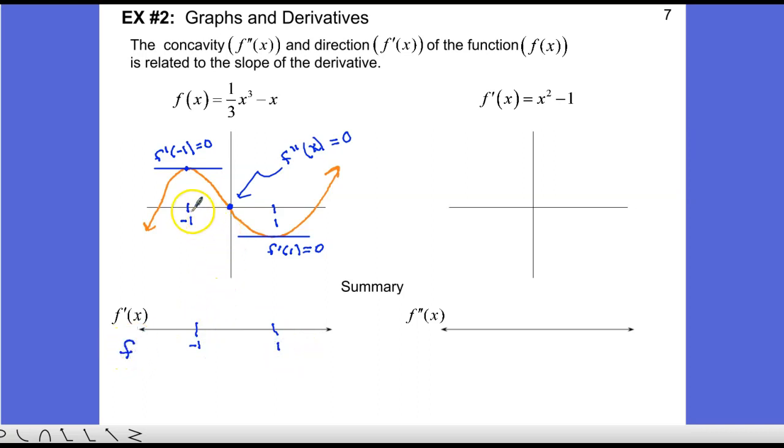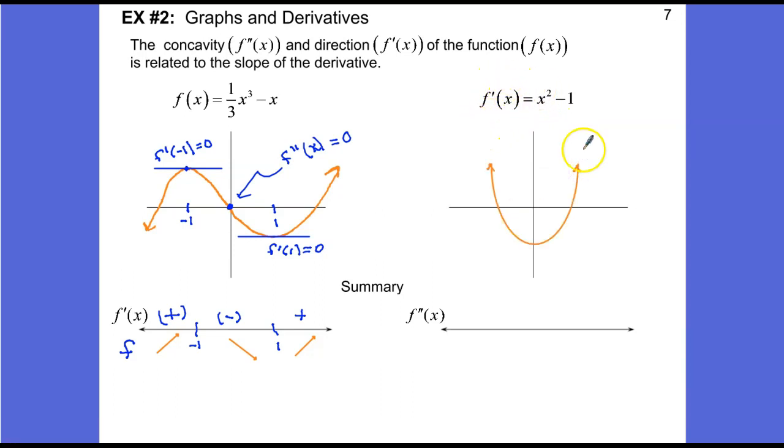So when x is less than negative 1, my slope is positive. When I am between negative 1 and positive 1, my slope is negative. And when I am greater than 1, my slope is positive again. Now for f, that means that my function is increasing, decreasing, and increasing.